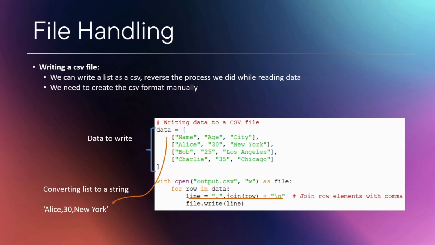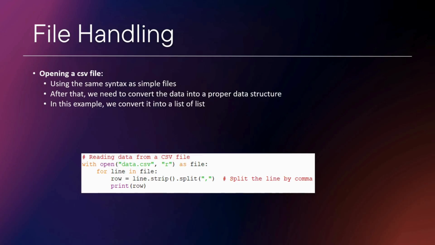And if we move forward, we can also write a CSV file. Writing a CSV file is the same process as writing to a file, but it's slightly different from working with text files, because when we write to CSV files, we need to write the text with proper commas in between. So it's kind of the reverse of what we were doing while reading the files.